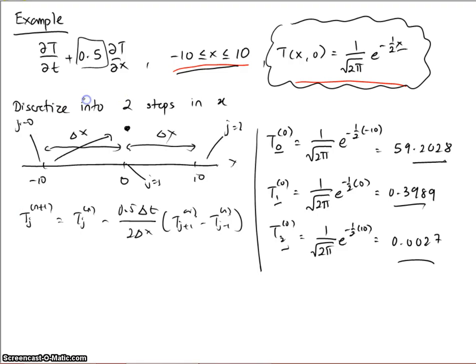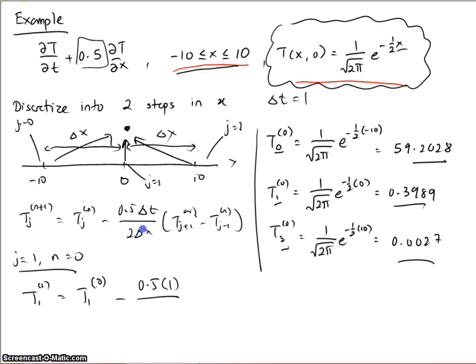There's only one point that we are going to find out, because the other 2 points will be known from your boundary condition. So right now, if I set j equal to 1 and n equal to 0, I will get T1 at time level 1 is equal to T1 at time level 0 minus 0.5, and just for simplicity, let's say delta t is equal to 1.